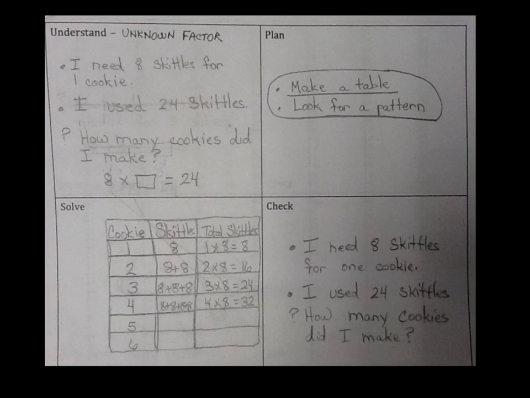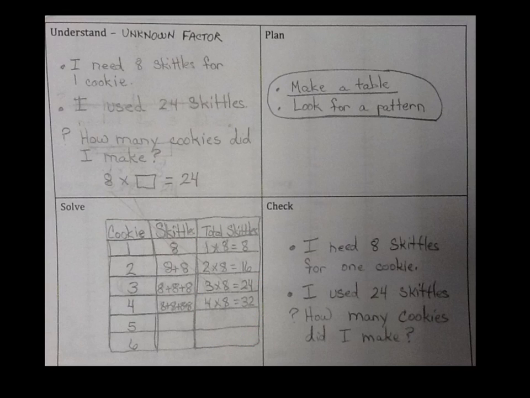So I know that 8 times 3 equals 24 because my table with columns and rows shows a pattern of 1 times 8, 2 times 8, 3 times 8, 4 times 8, 5 times 8, and 6 times 8. I can do my 8 facts to figure out all of these.